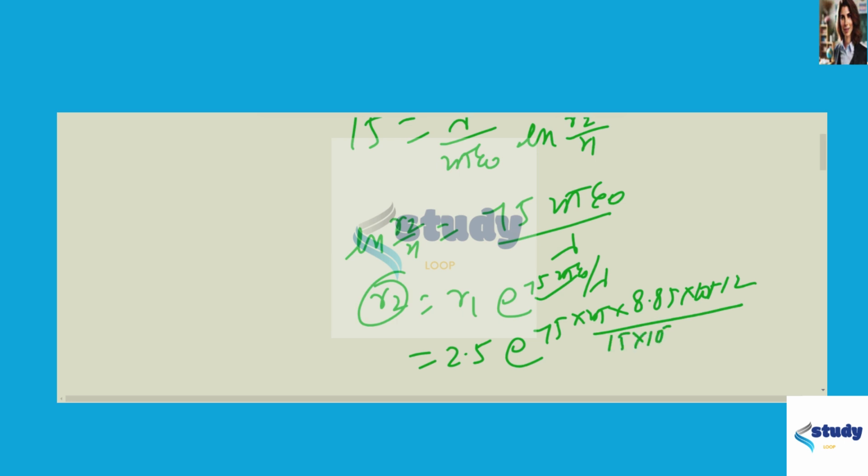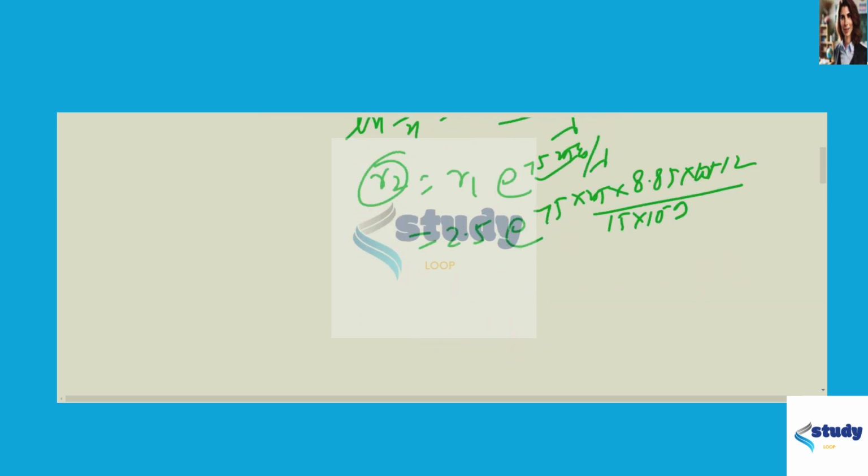So we need to plug in the values. If we place it in centimeter, that means r1 equal to 2.5 centimeter, then it will give us the value in centimeter because these are constants, into e to the power of 175 into 2 pi into epsilon naught, which is 8.85 into 10 to the power of minus 12, upon lambda, which is 15 nanocoulombs, so 15 into 10 to the power of minus 9.